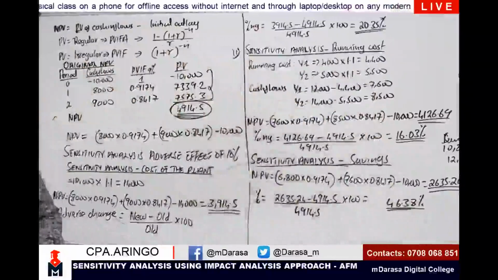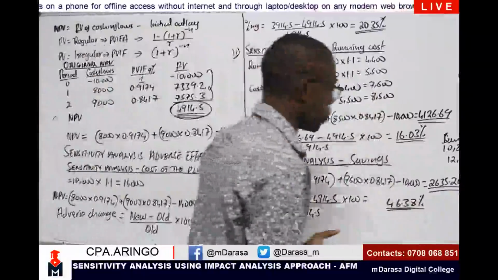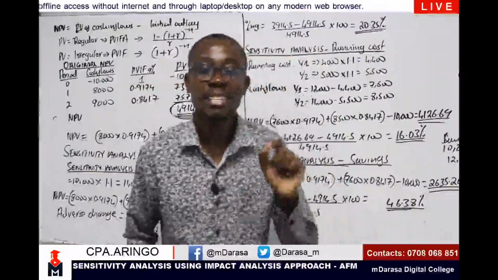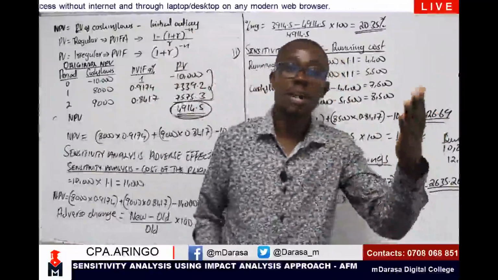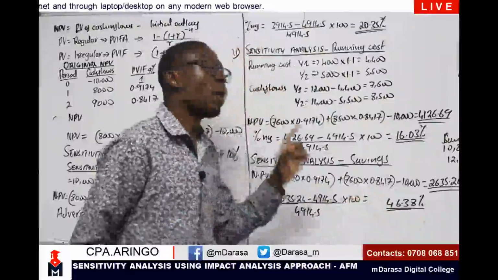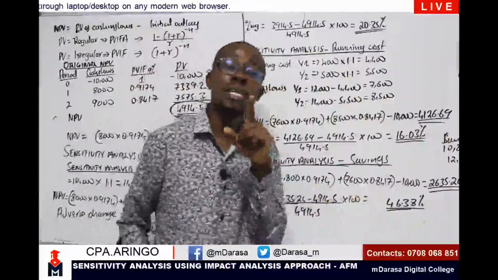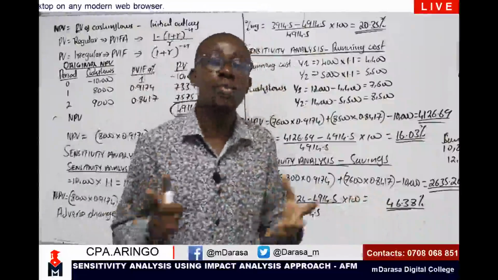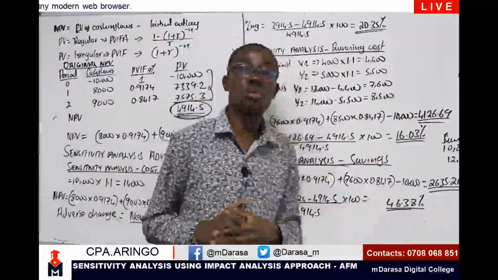So look at this impact. So that is to say, in the event that our savings are adversely affected by 10%, our NPV will be impacted by 46.38% adversely, meaning that it's going to reduce by 46.38%.